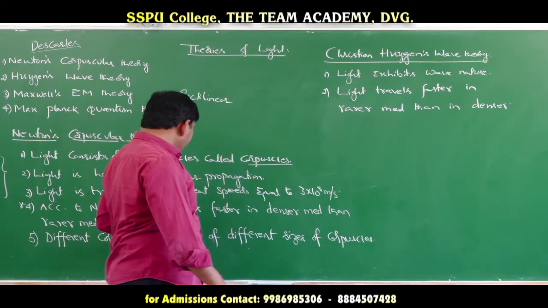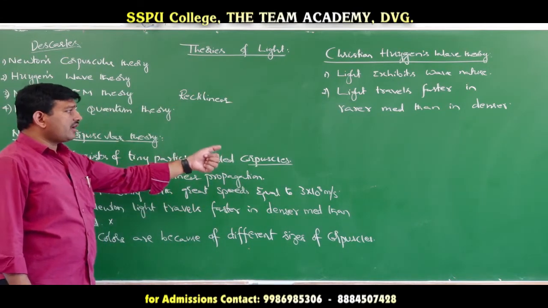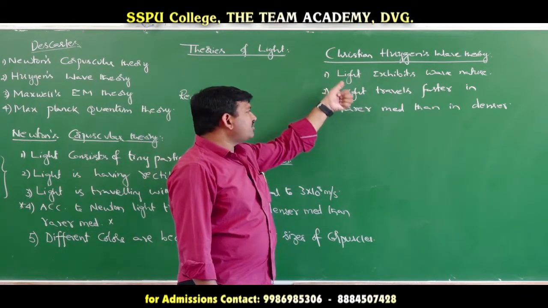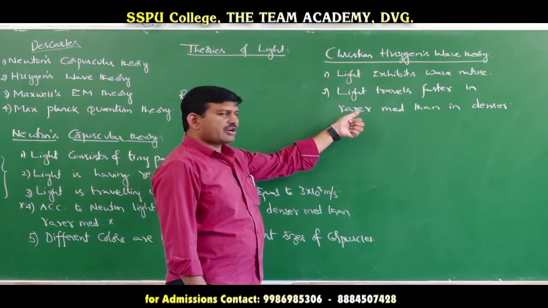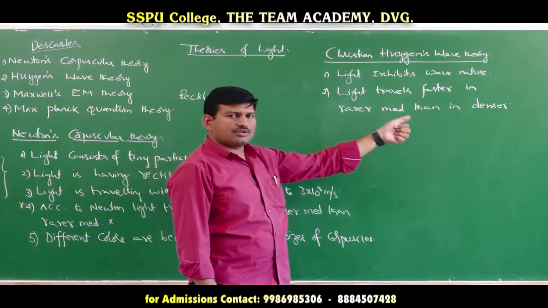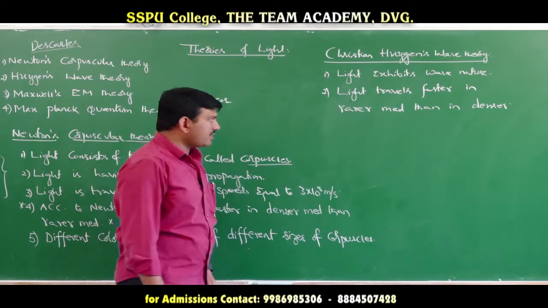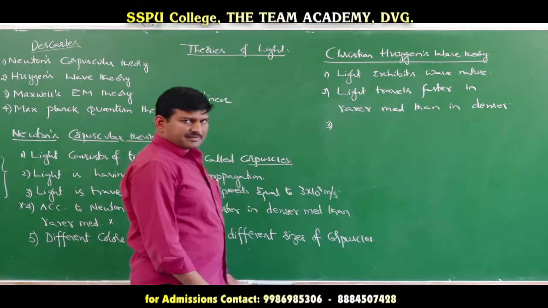But according to Newton, it travels faster in a denser medium. So practically we have understood that light travels faster in a rarer medium, and the Huygens wave theory also says theoretically that light travels faster in a rarer medium. So the theory matches the experimental results. Therefore, the Huygens wave theory was given importance 100 years after Newton's corpuscular theory.